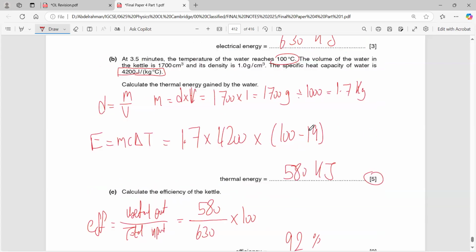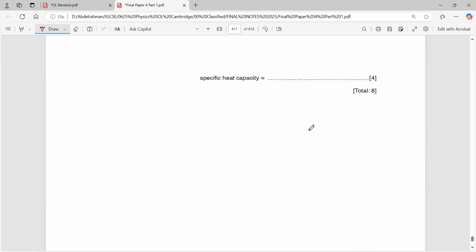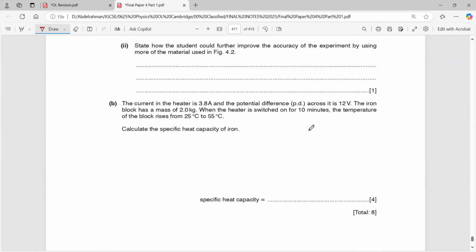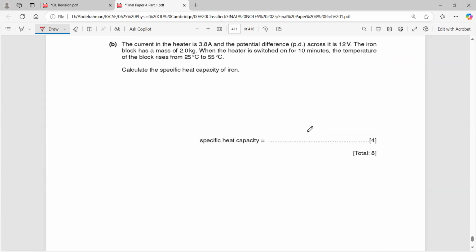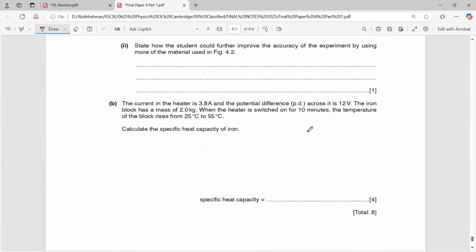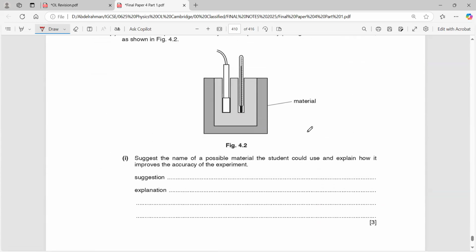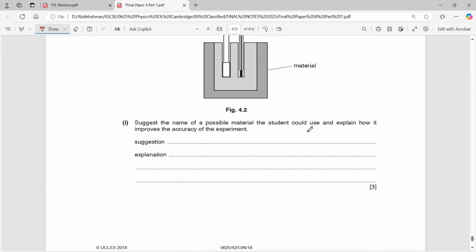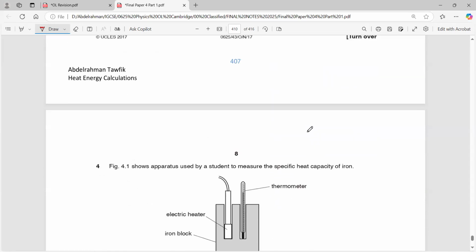The questions are almost all the same, because he would give you energy. By the way, while solving, this is for your own good: if you have any questions regarding latent heat, it's cancelled. It has been removed.